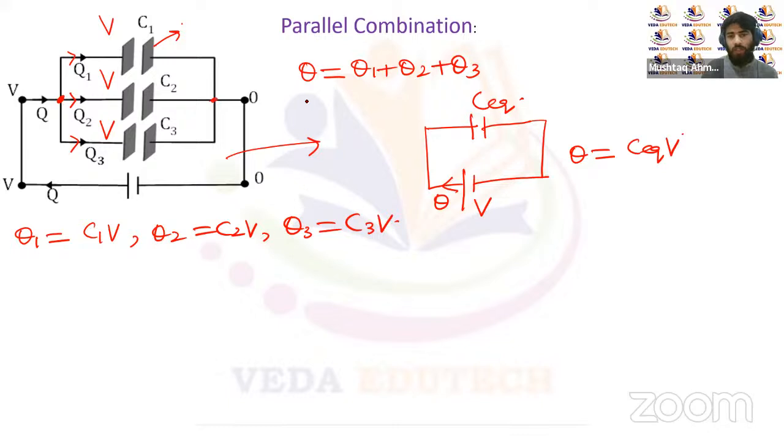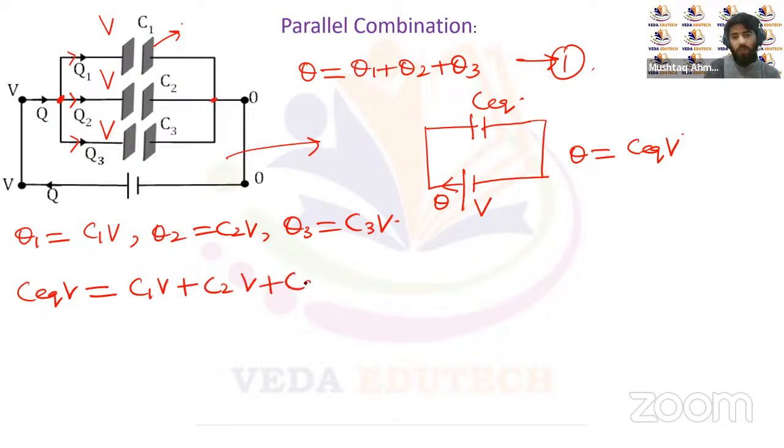Let me call this equation 1, and let's put the value of Q1, Q2, Q3, and Q in equation 1. We get C equivalent into V will be equal to C1V plus C2V plus C3V. V and V will get cancelled, and we are left with C equivalent as C1 plus C2 plus C3, right?